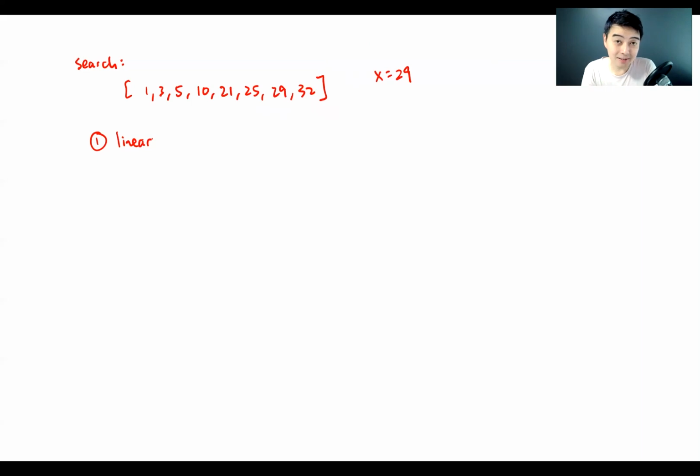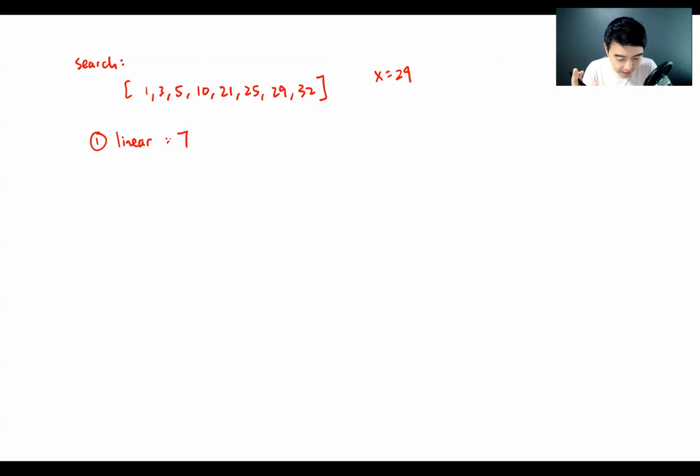But let's say I hide this list from you, and the only thing you can do is compare 29 with every one of these numbers. So a linear search would say, I'm going to compare 29 with 1, then with 3, then with 5, then with 10, and so on. And so the number of comparisons, the amount of work that we need to do, is going to be 1, 2, 3, 4, 5, 6, 7. It's going to be 7 amount of work.